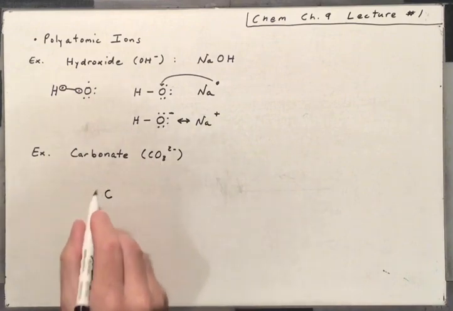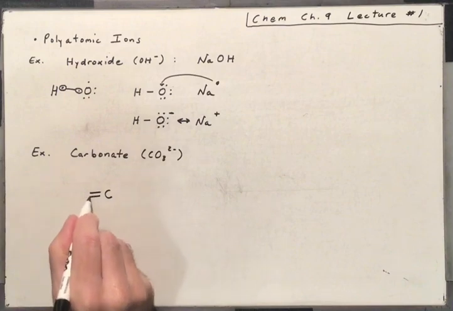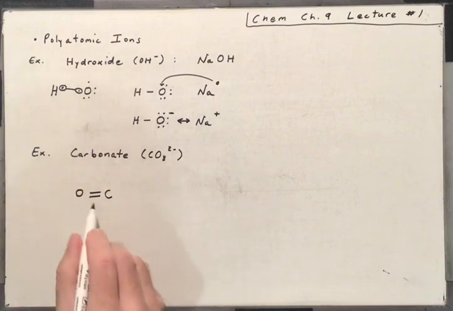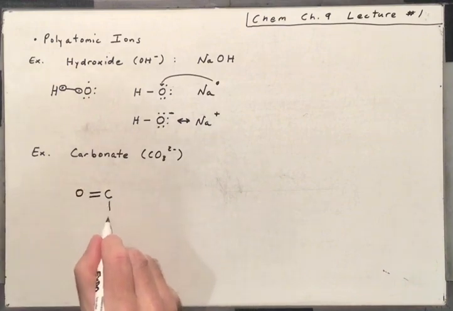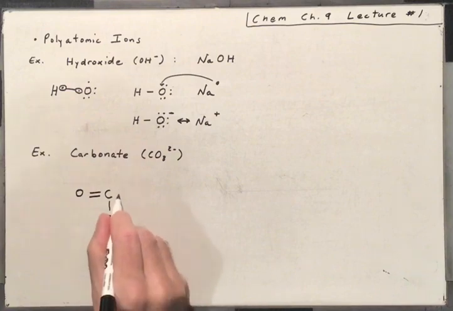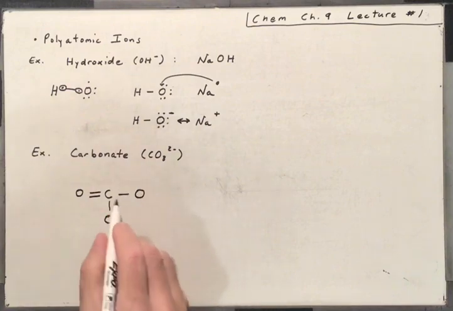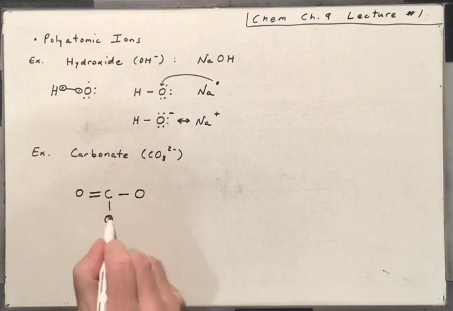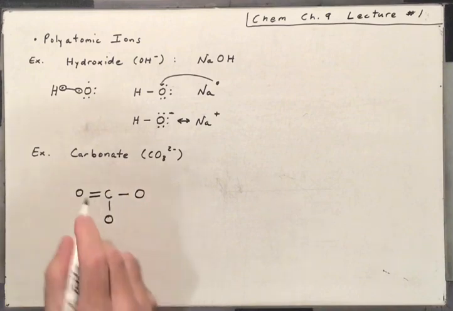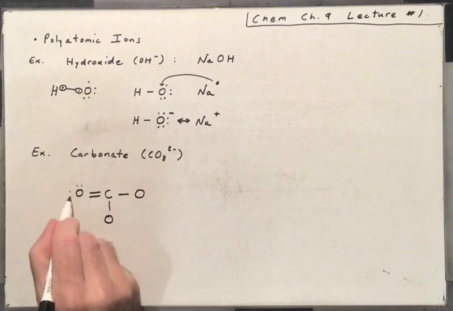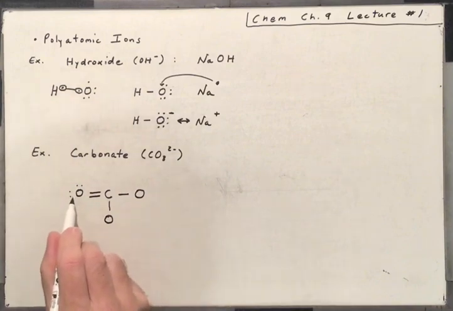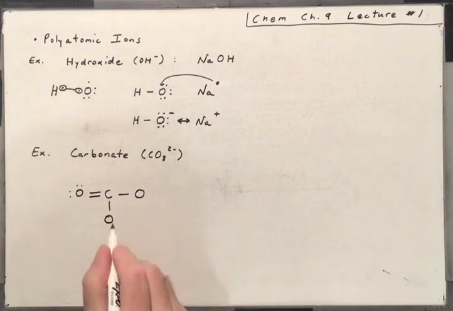And then we have 3 oxygens to fit around it. Well, one of those oxygens would be able to have a double bond, but the other 2 would only be able to have a single bond because carbon only has 8 slots, right? So this particular oxygen is happy because 2, 4, 6, 8.